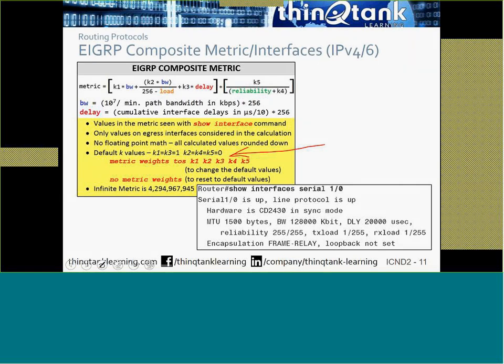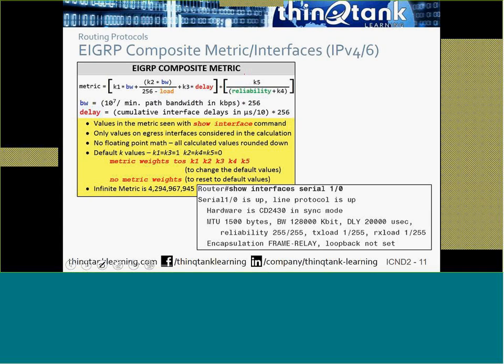But if you look at the default K values, K2 is 0, which means that part of the formula goes away. K4 and K5 are 0, which means that part of the formula goes away. All right, I know there's a multiplication here, but the rule is if K4 and K5 are 0, we ignore that. Which means that the bandwidth and the delay are the only things that are used to calculate the metric.